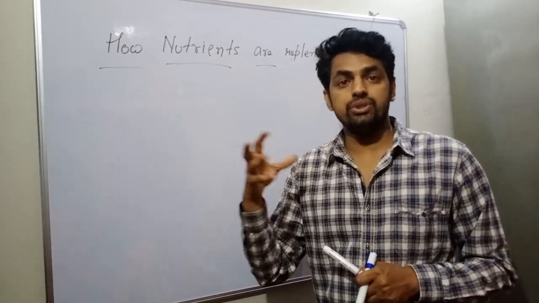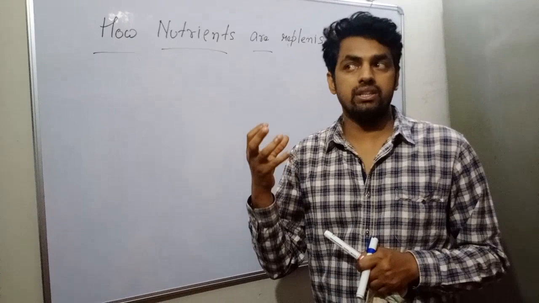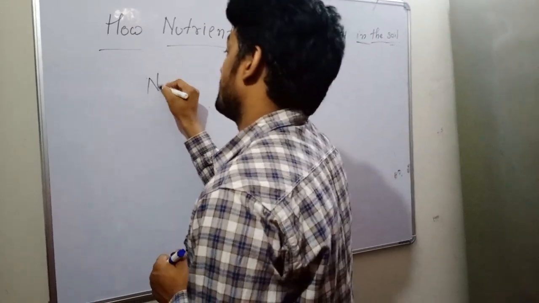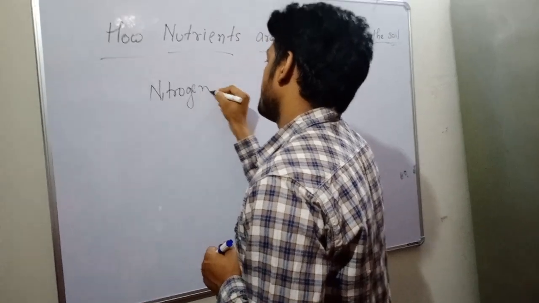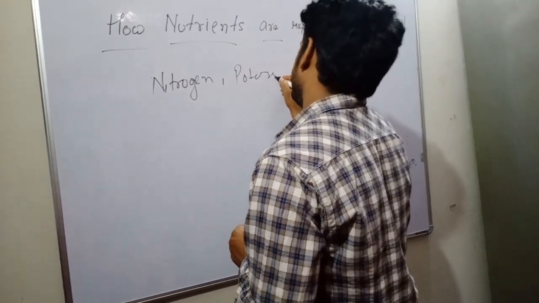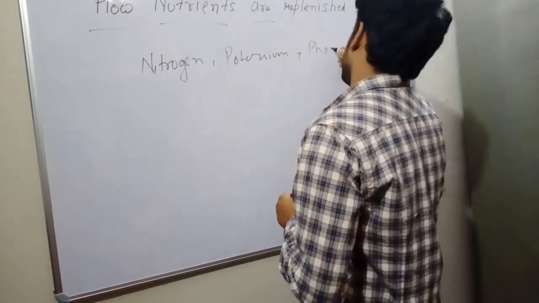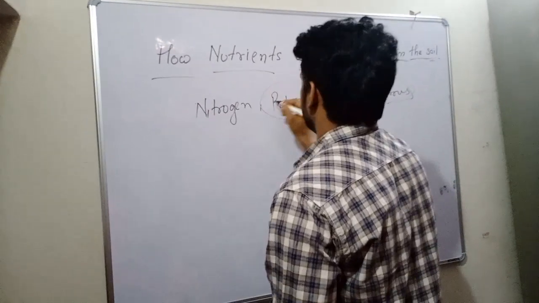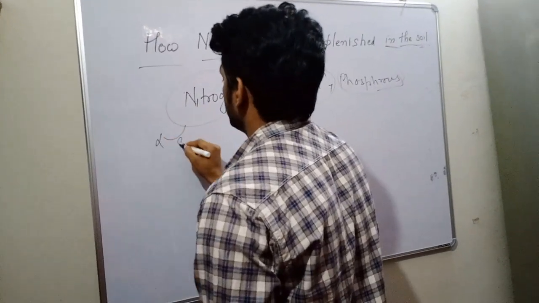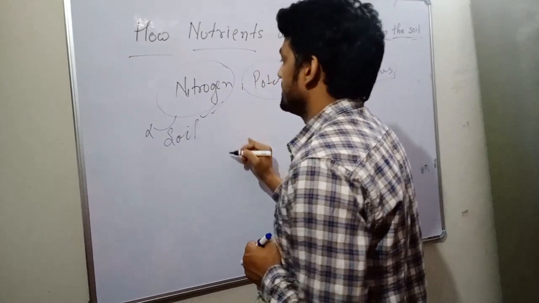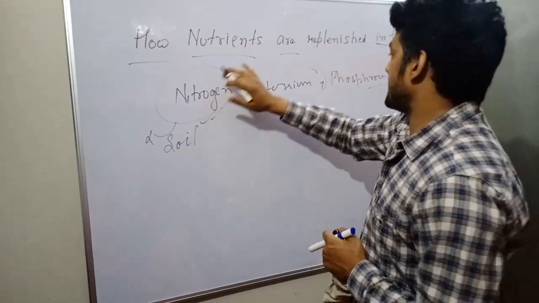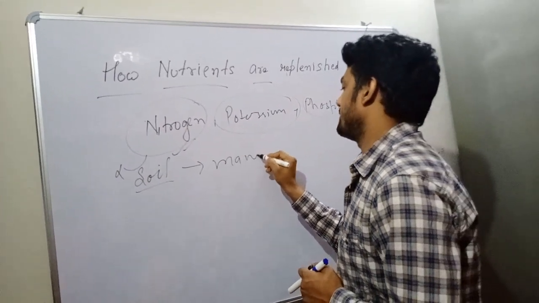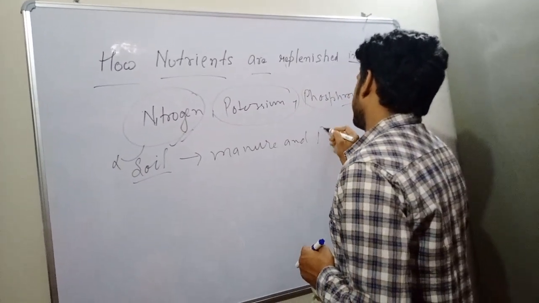With continuous use, one day the soil's nutrients such as nitrogen, potassium and phosphorus may become less in the soil. In order to get those nutrients back into the soil, they add manure and fertilizer.